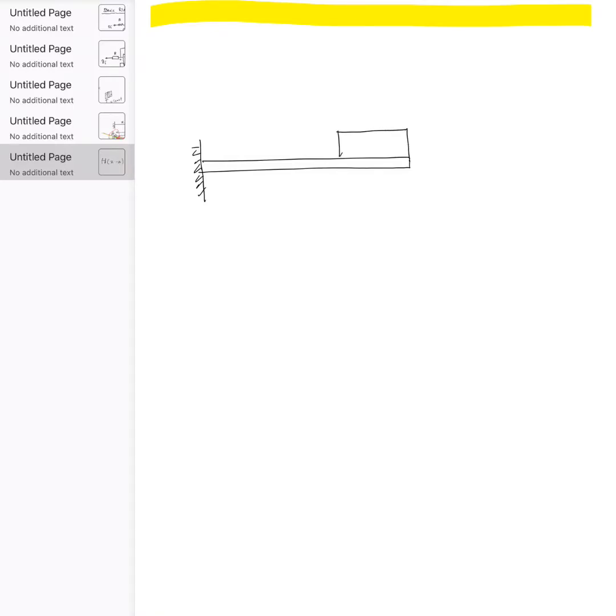For example, a distributed load of 1 K, or simply let's call it 1, right here, and a couple moment here, 0.5 Newton meter, and a vertical load 3.